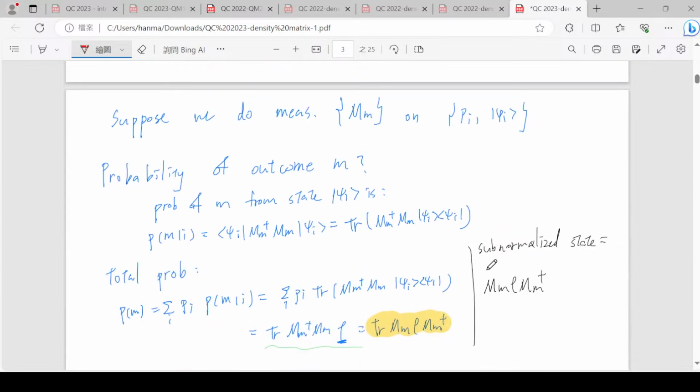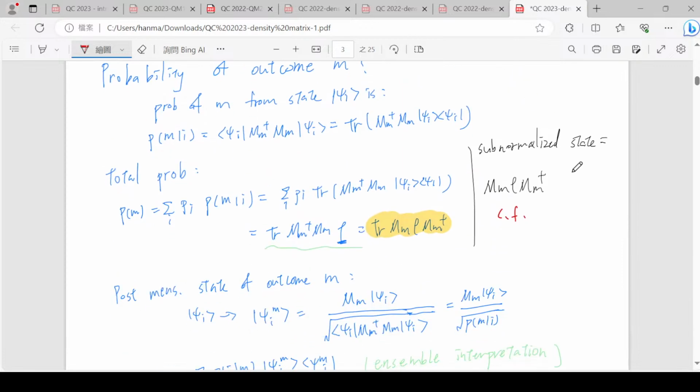In the previous measurement result, we described the measurement outcome as M_m psi, and here is a similar thing. Instead of psi, we have rho. So instead of just doing M_m in front, we have M_m dagger at the end.